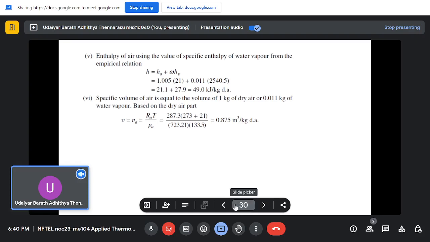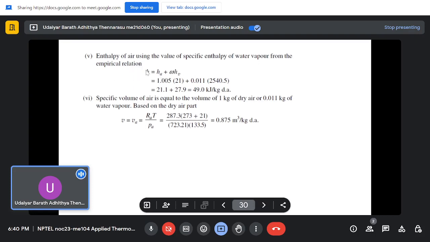Next is to find out the enthalpy of air, using the value of specific enthalpy of water vapor from the relation. So now the enthalpy of the air plus water mixture is the enthalpy of air plus the specific humidity of the air into the enthalpy of vapor. It's nothing but a mass and enthalpy balance.